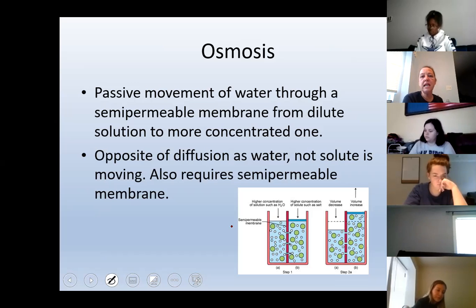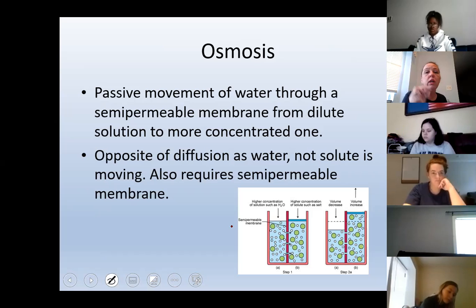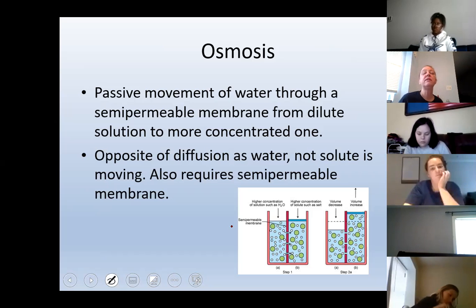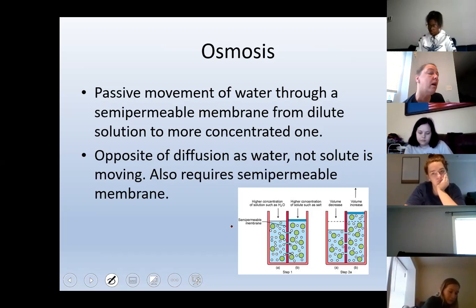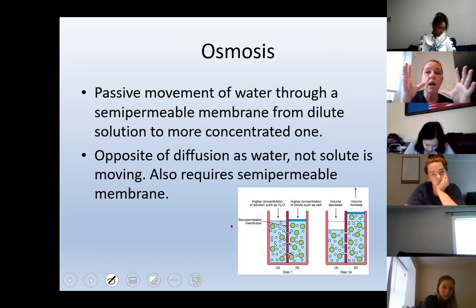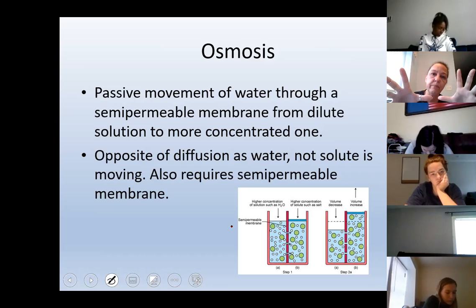Diffusion and facilitated diffusion are moving molecules, solid particles. Now we talk about osmosis. And osmosis is different because we are moving water. We are not moving solid particles. We are moving water. Now, everything about your body is set up to be what I like to call even Steven.